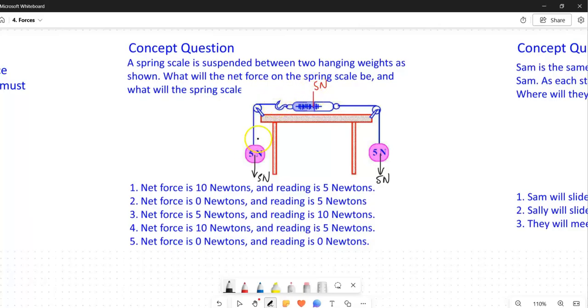But really, this weight in this situation is just holding this side still while this other one is pulling down on it. So it will also read 5 newtons as a weight scale, because the forces are equal and opposite. If this is pulling down at 5 newtons, this has to be pulling down in 5 newtons. So the weight scale is only going to read a 5 Newton force acting on it.